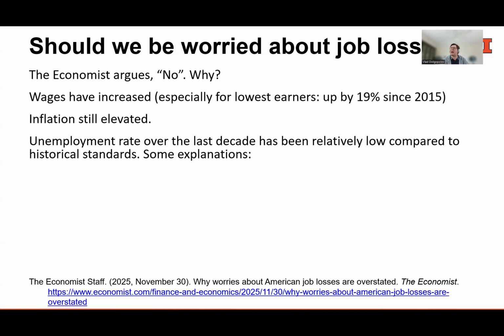And if you look at some of the explanations of why this is the case, and especially why even our estimate of this equilibrium rate of unemployment, or the non-accelerating inflation rate of unemployment, or the natural rate of unemployment. So there are multiple names for this concept in the economics profession.